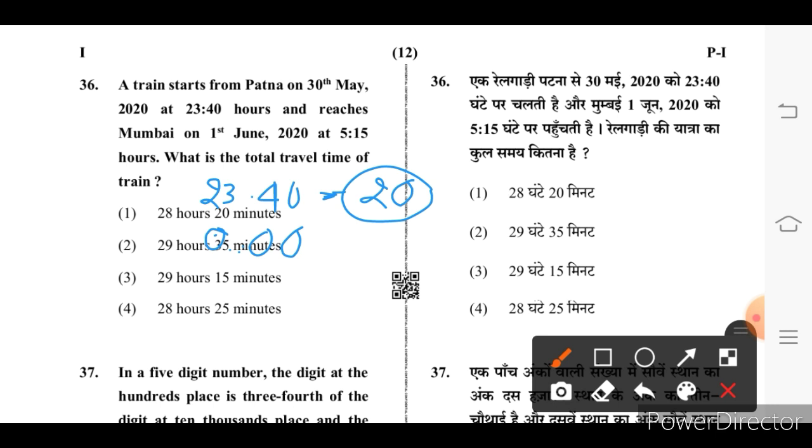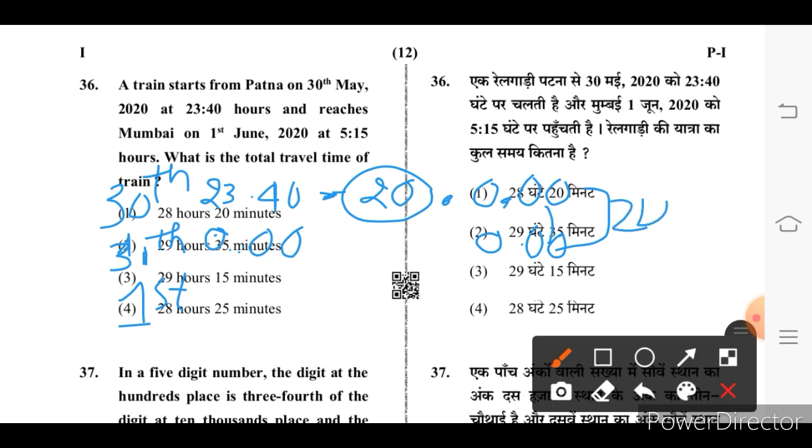So this is 13th May and this is 31st May. The date changes to 31st May. And from 31st May to 1st June, which is asked. On 1st June at 00, from this night to this night is a 24 hours gap. Here 20 minutes and here 24 hours.